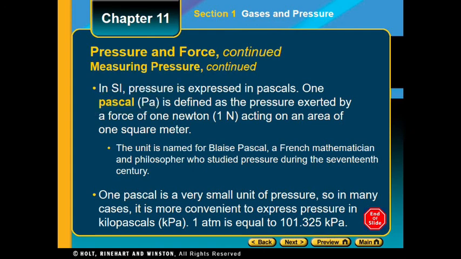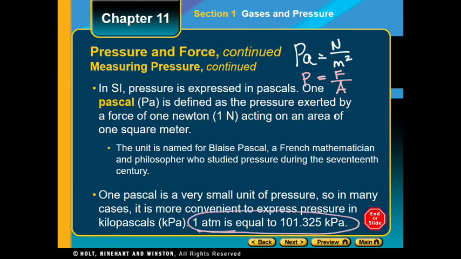I wanted to write that out for you too, just exactly what I said. So Pascal is 1 Newton per meter squared. Pascal is pressure, newtons is the unit for force, meter squared is the unit for area. So you have seen this already. And there was the other one that I had added to your list of units.